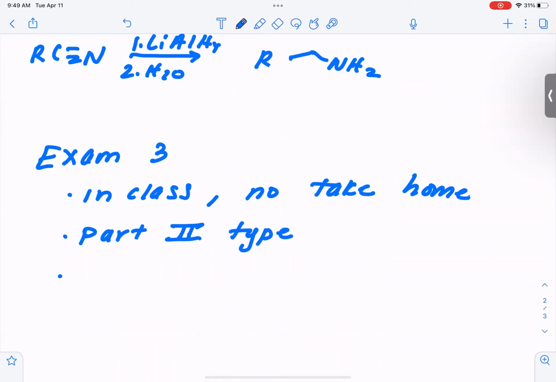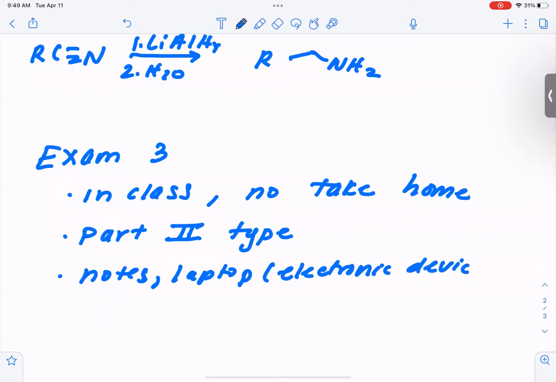You can use your notes. You can have a laptop. So you can have some type of electronic device if you need to look stuff up.